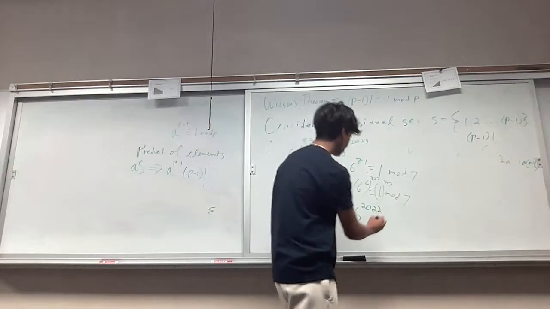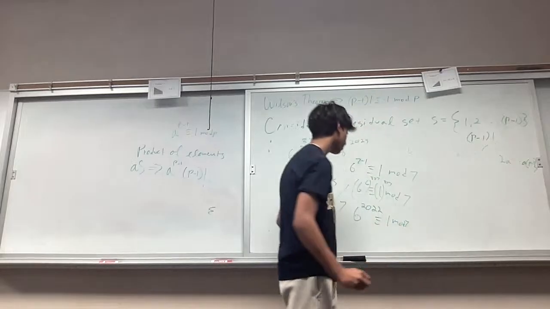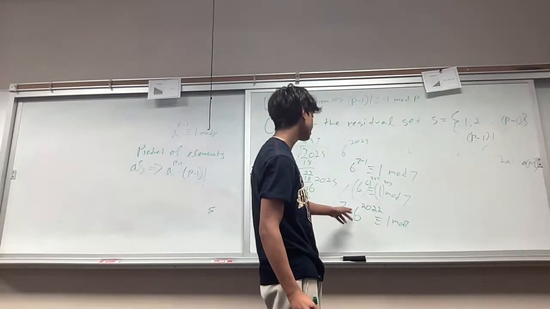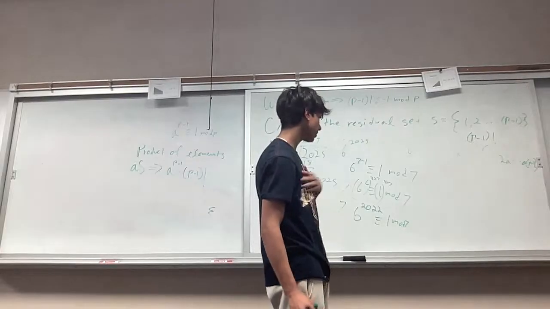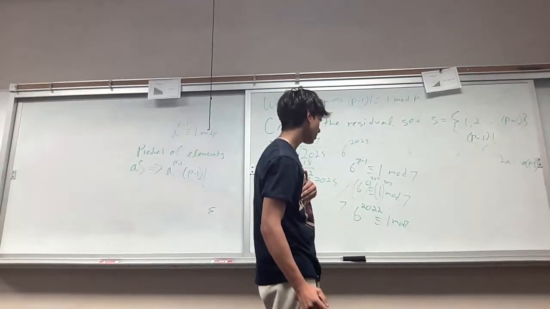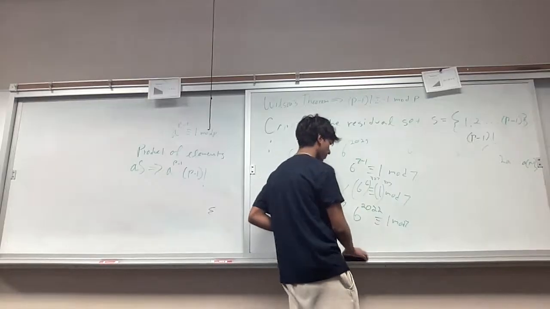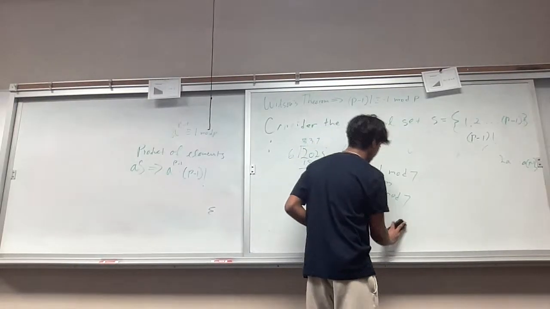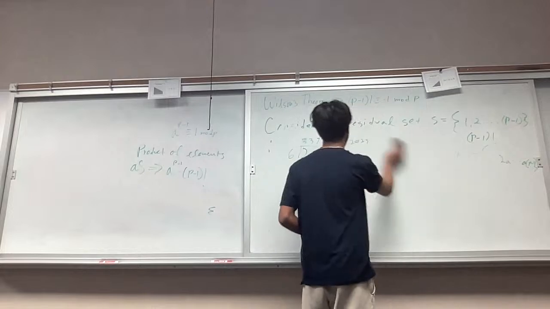It's going to be congruent to 1 mod 7. And then from here, you can just multiply both sides by 6 to the 3, because that's the remainder, and then you continue and get your answer pretty easily from there. But yeah, getting to 1 is going to be really, really beneficial for you.